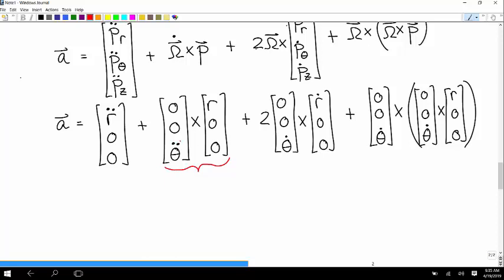First, the second term just gives us 0, r theta double dot, 0. The third term gives us r dot theta dot times 2 in the theta direction. So that's 0, r dot theta dot times 2, and then 0.